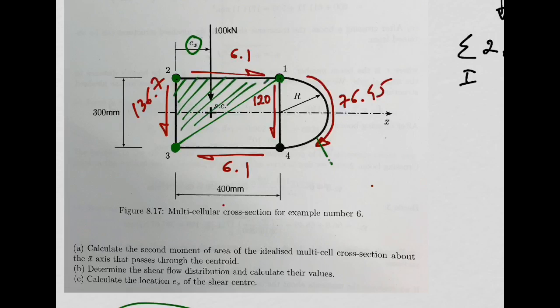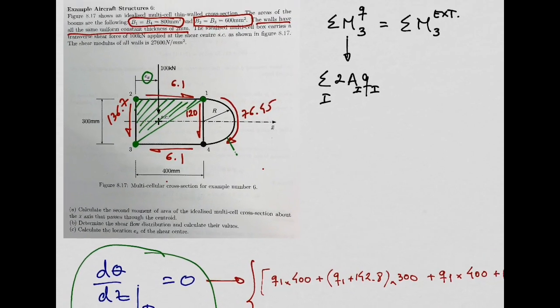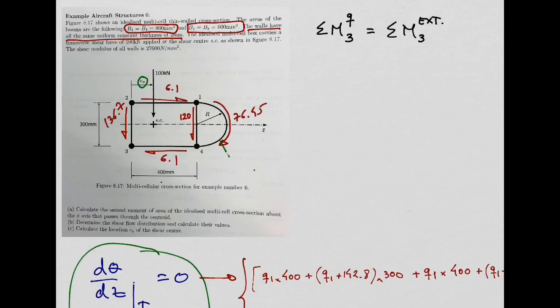We need to use these 3 booms, so we connect these 3 booms. And the area that we need to use in that moment equation is the area of this triangle. Remember, we did this last week as well. Yeah? So keep this triangle in mind. So we need to get this area. And the moment is going to be clockwise, you agree?